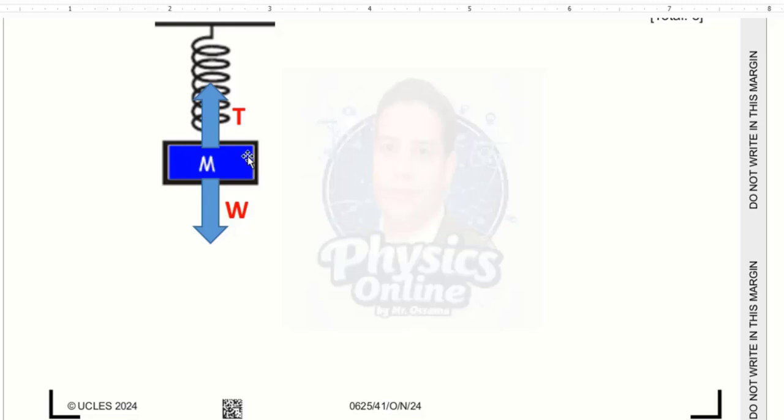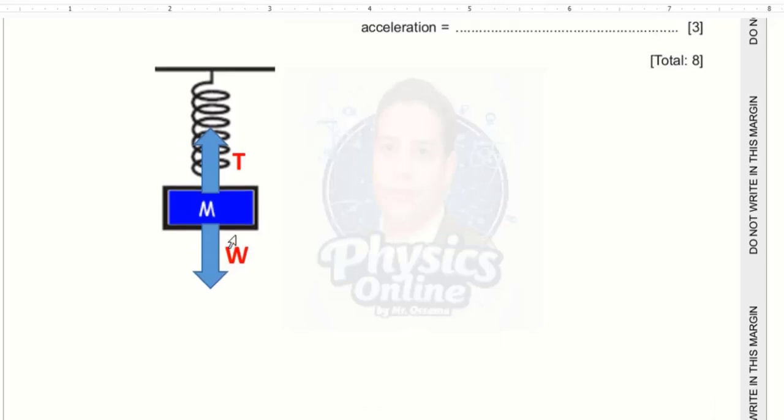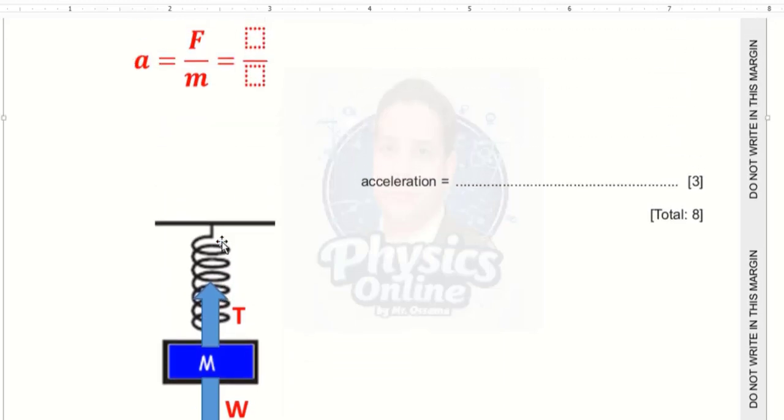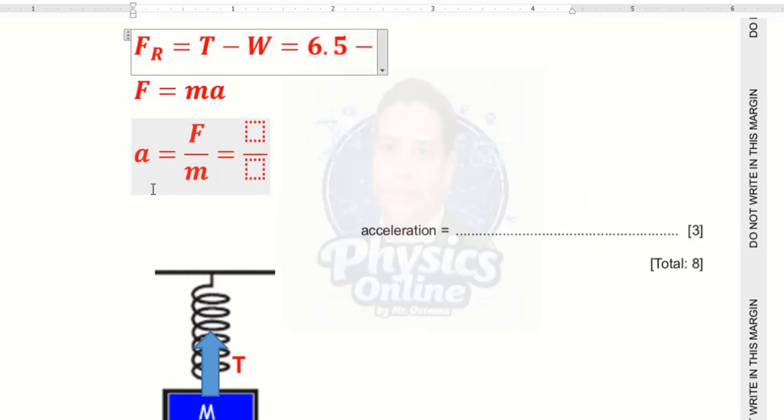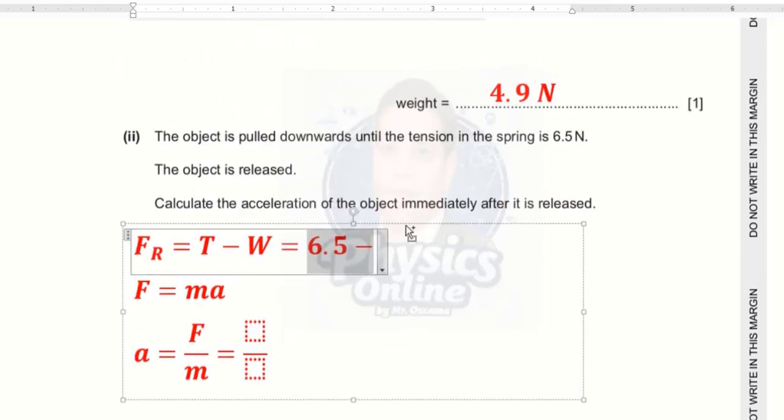So take the resultant force. The resultant force equals the difference between them because they are in opposite directions. So the resultant force Fr equals T, force of tension, minus the force of weight. Tension here is 6.5, the weight is 4.9 as you calculated, equals 1.6.